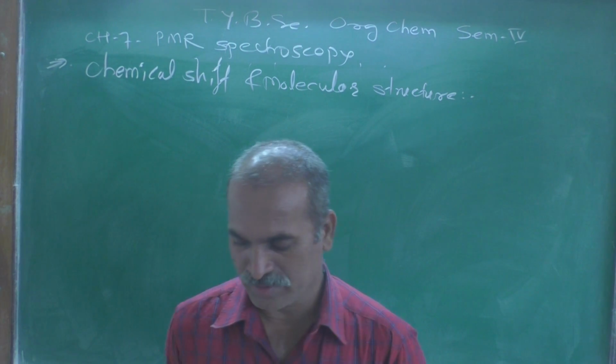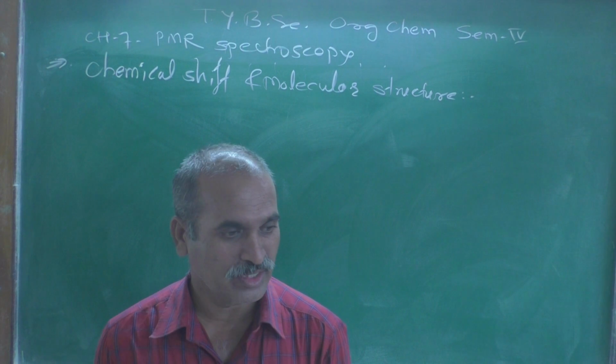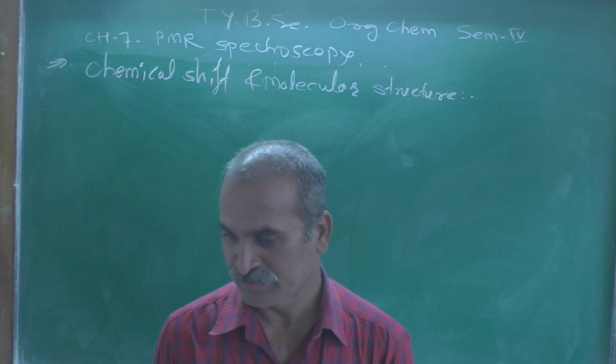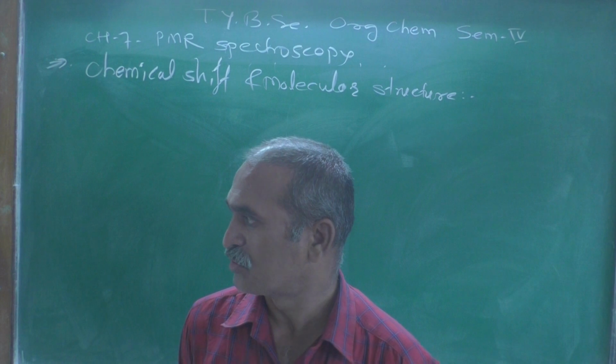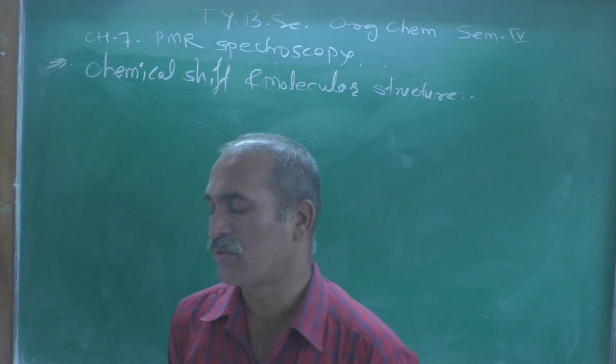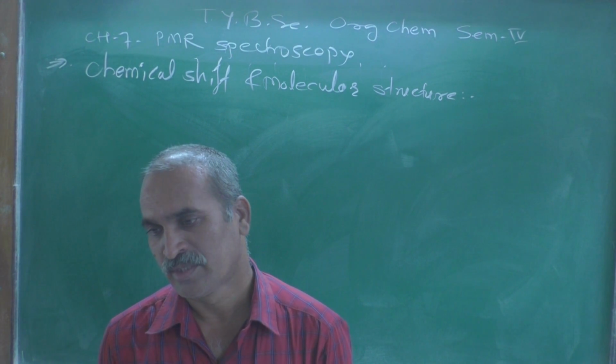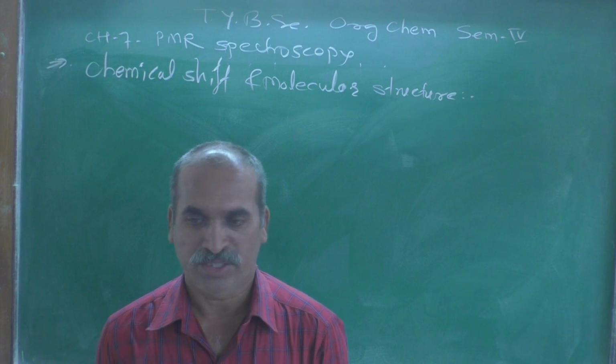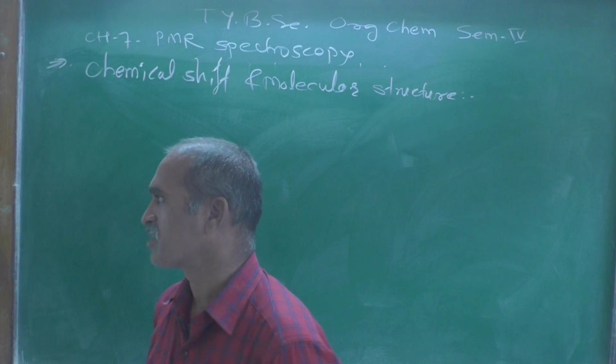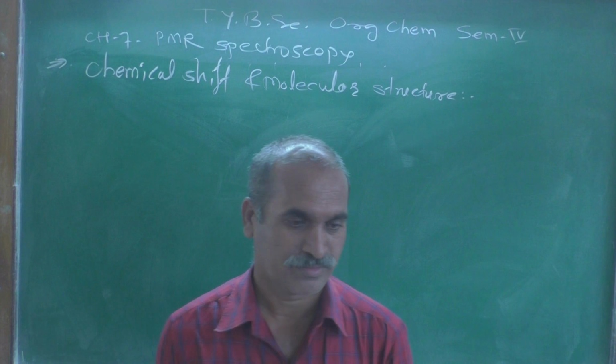But in this chapter, by knowing the chemical shift value, the delta values, if they appear around 7.2 or 7.3, definitely those protons are aromatic protons.